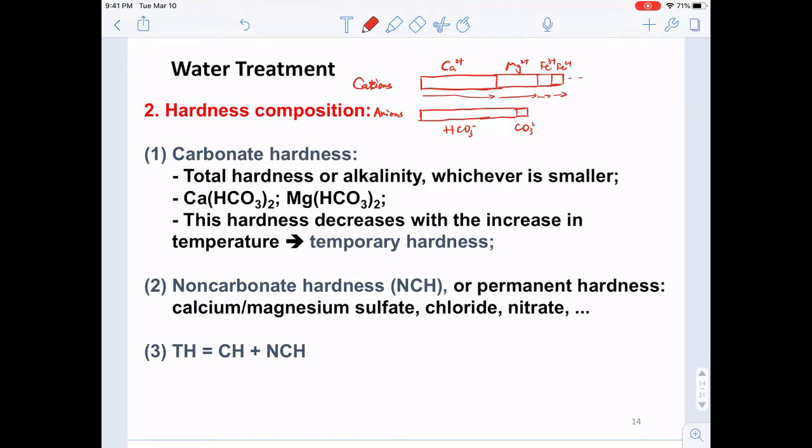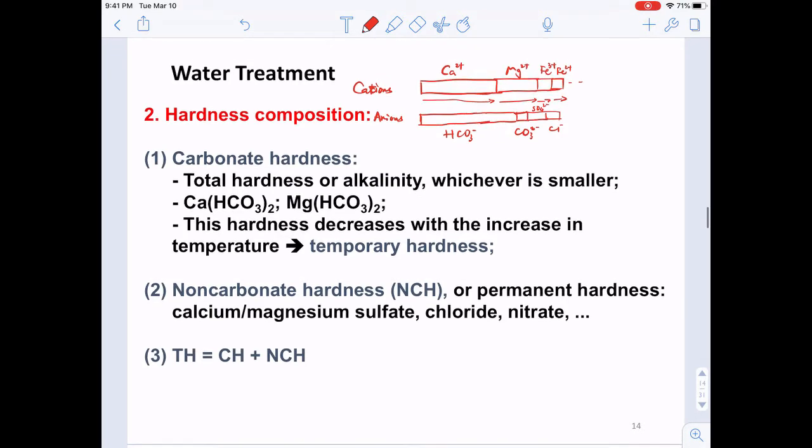There can be some carbonate ion. For example, magnesium carbonate is soluble in water, okay? And then some of them can be sulfate ions, and some can be chloride ions, right? We should notice that the hardness is represented by this higher bar here, okay?